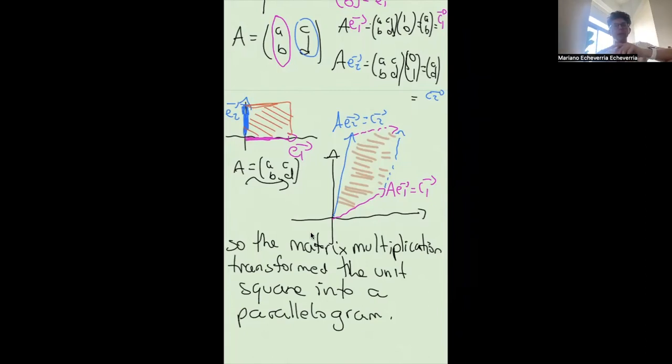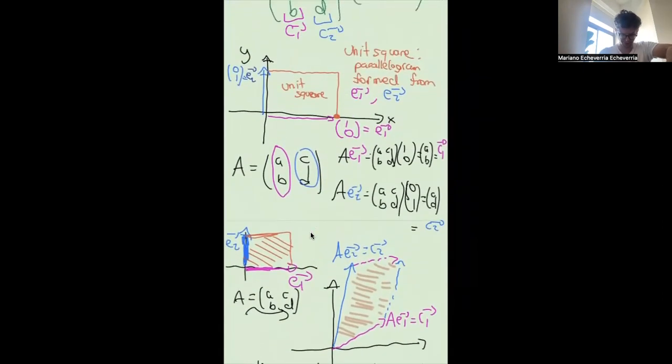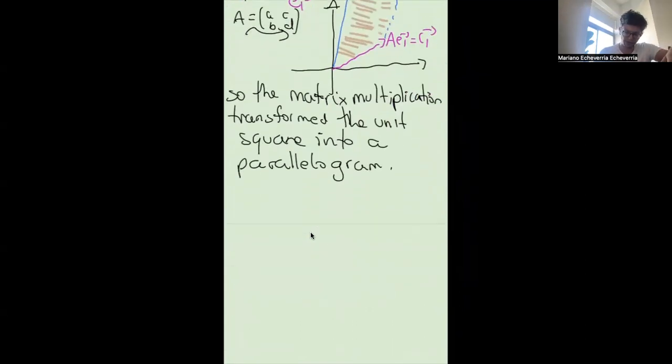So again, from this perspective, the matrix turns the square into a parallelogram, and the area of this parallelogram will be called the determinant of A. What's the area of the unit square? The area of the unit square is 1. Once you turn this unit square into something like this, the area may not be 1 anymore, so the area just gets called the determinant.